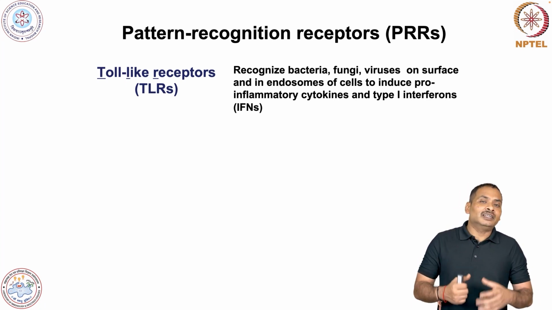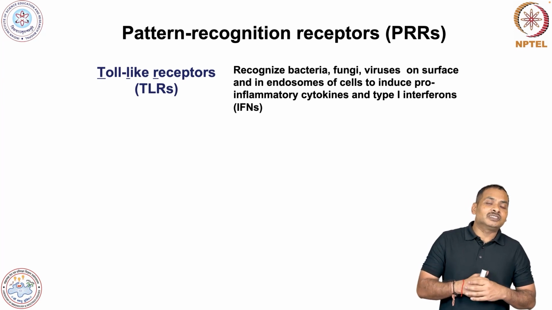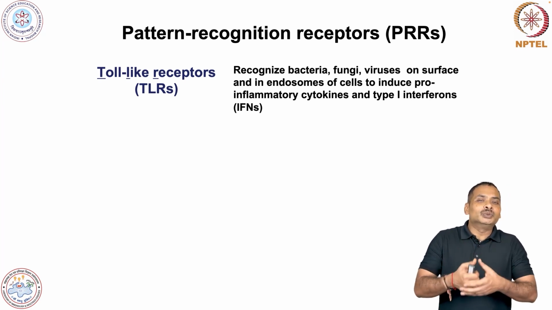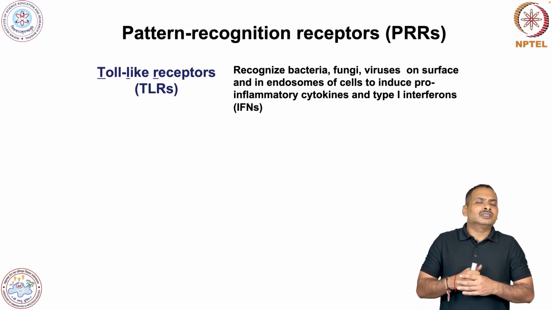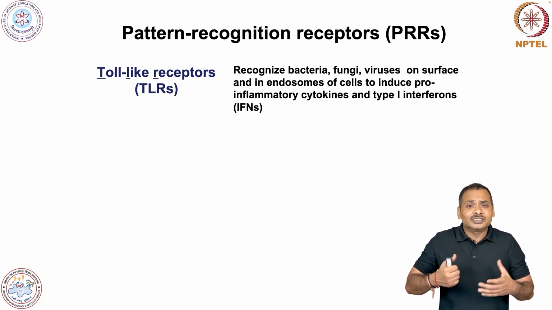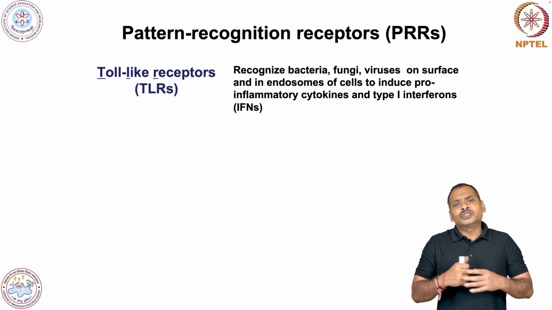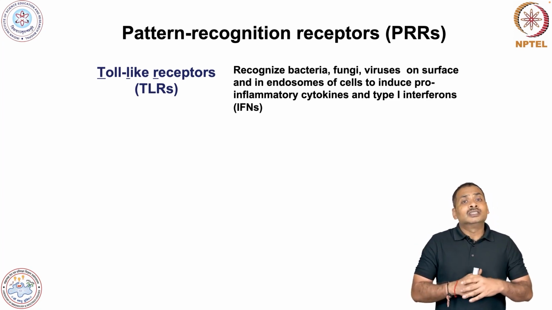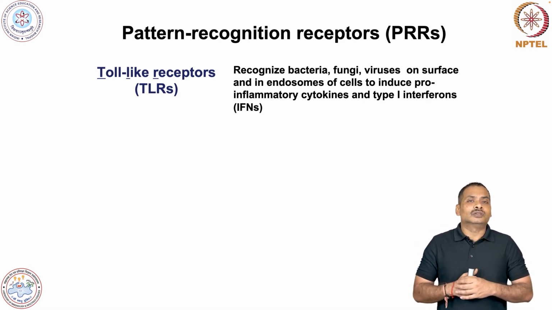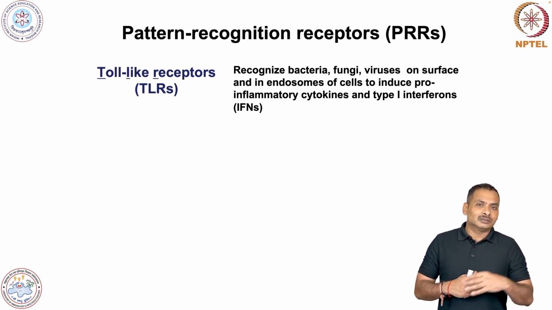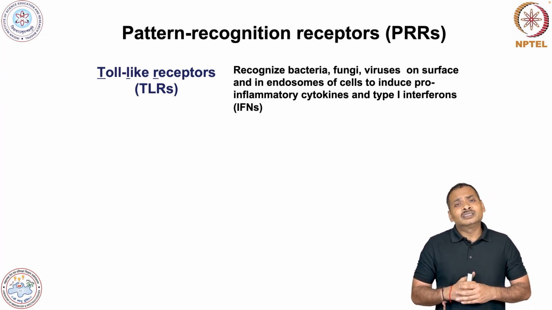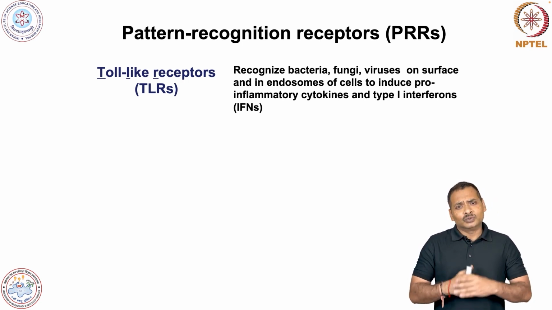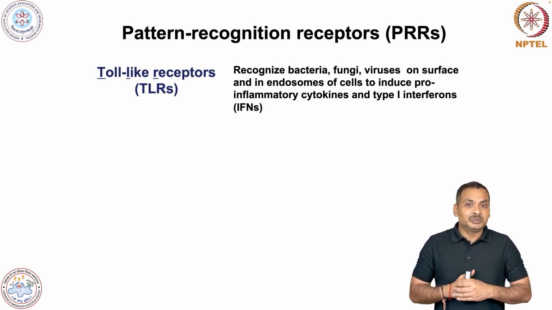In addition to pro-inflammatory cytokines, they also induce an antiviral factor, an antiviral cytokine you can say, and broadly we call it type 1 interferon. Besides this, in the recent past it was also reported that there are type 3 interferons, which also play a very important role in antiviral immunity.